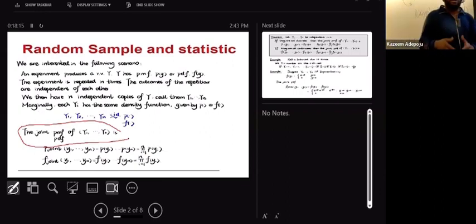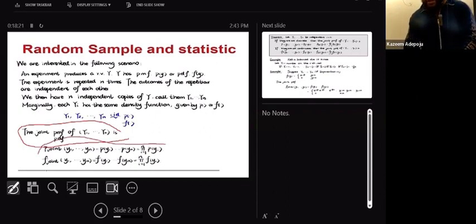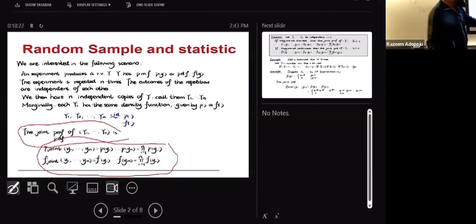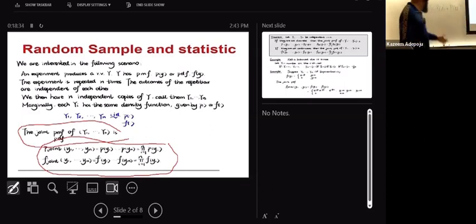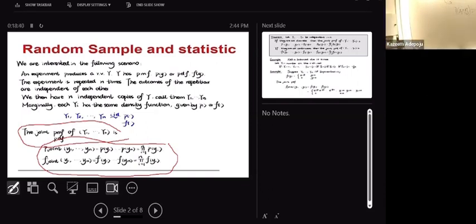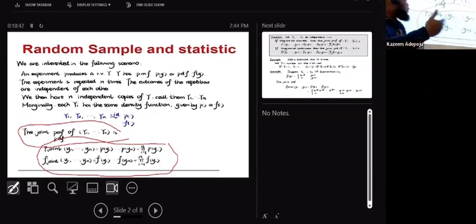Then we're talking about the probability of the joint occurrence of y1, y2, up to yn. Because y1 up to yn are independent, using the multiplication rule of independence, I multiply the probability of y1 by the probability of y2 up to yn.